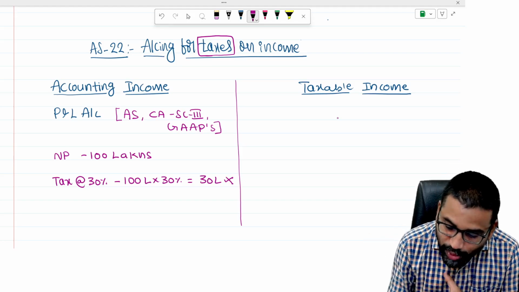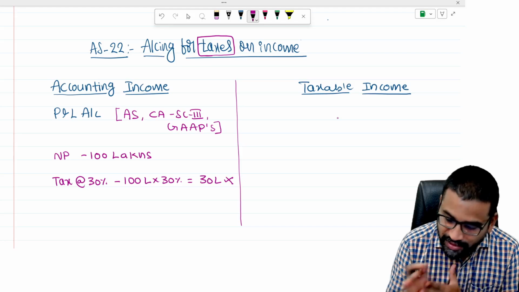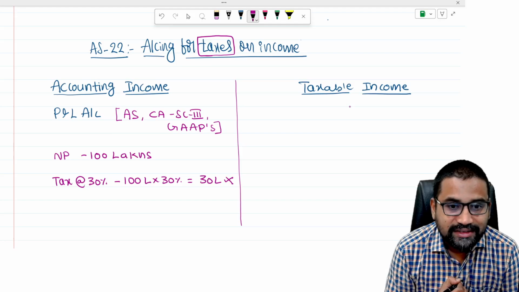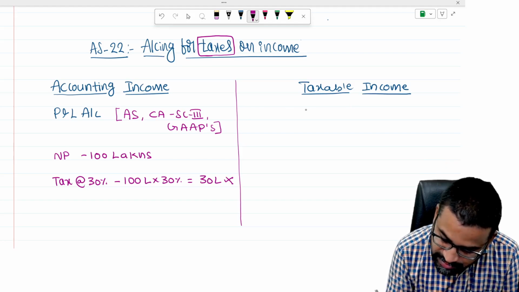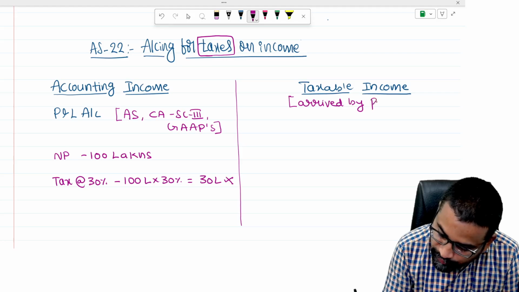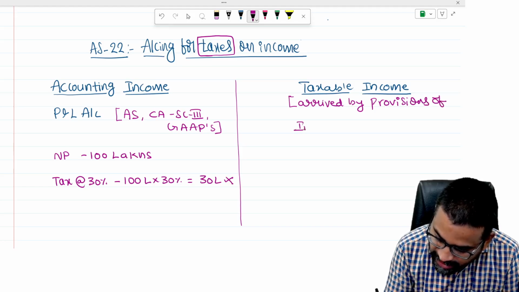And sir, how do I prepare this taxable income? By following the provisions of the Income Tax Act. Taxable income is the income which is arrived at by the provisions of the Income Tax Act.